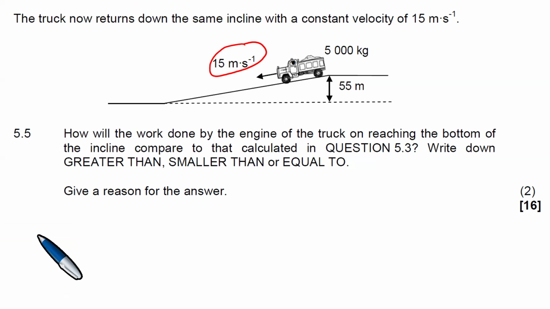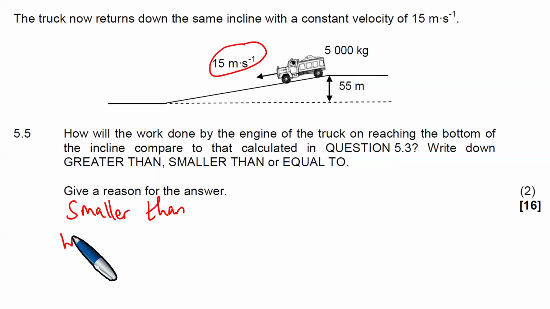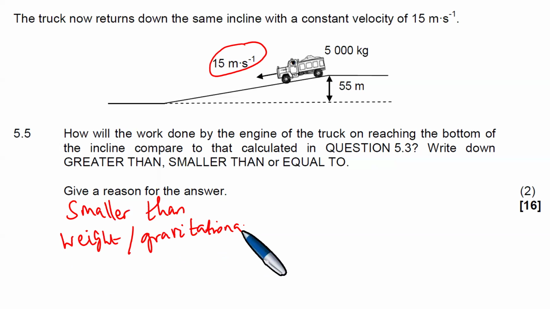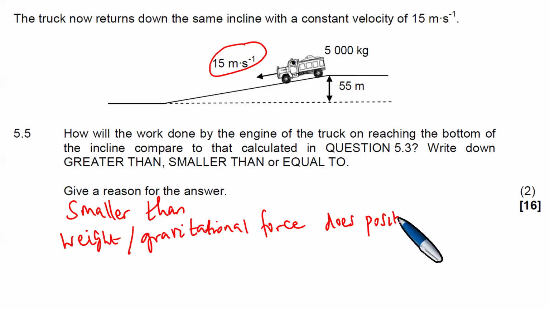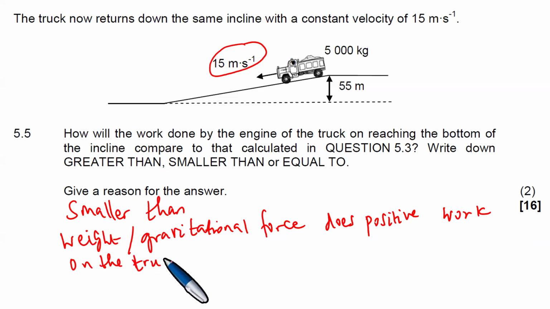Okay. So it's going to be smaller than. And the reason for this is because we know that weight, or what we call gravitational force, does positive work on the truck.